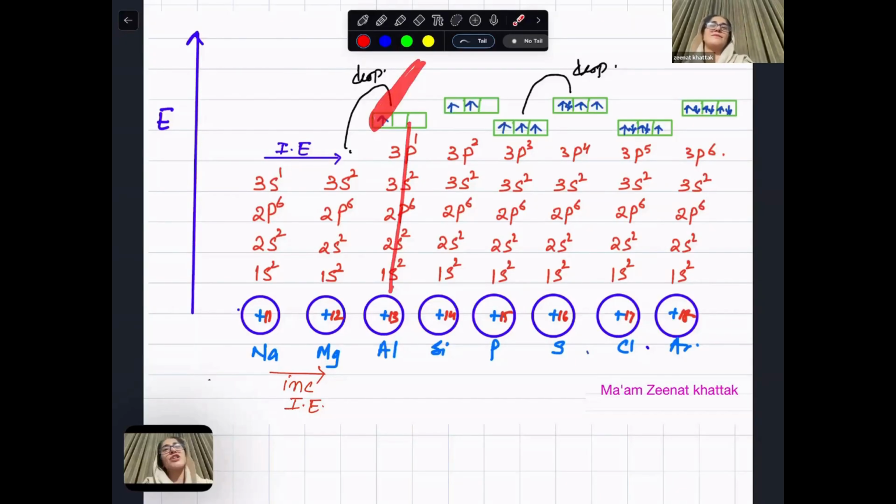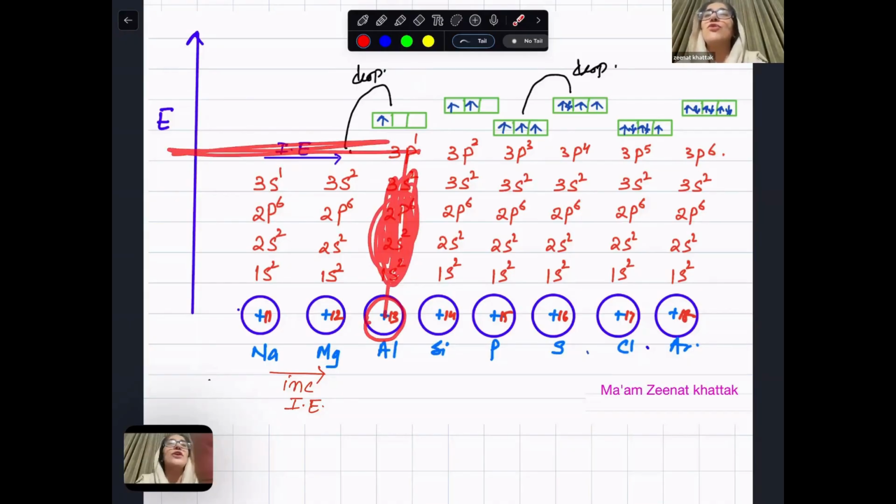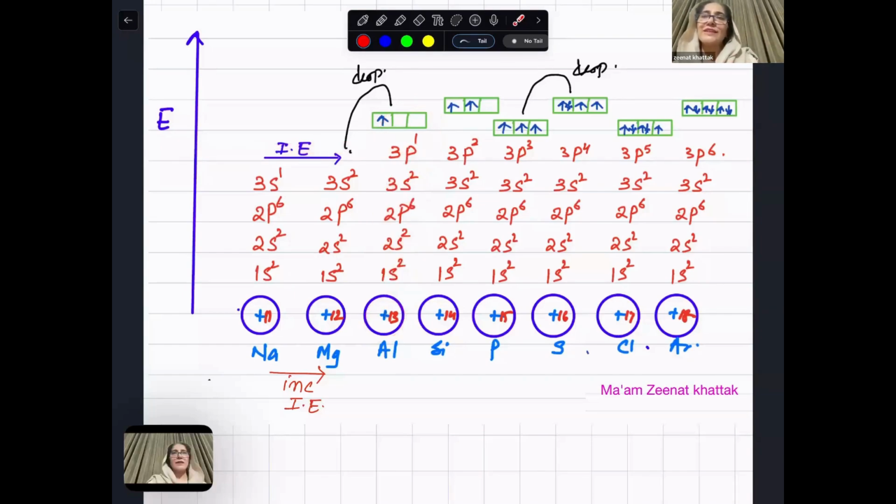Less than this. Although the proton number is more, since there is a change in the subshell, the 3p electron is far from the nucleus. It has more shielding electrons. Its own energy is more. It needs less energy to be removed. The first change is at this place.